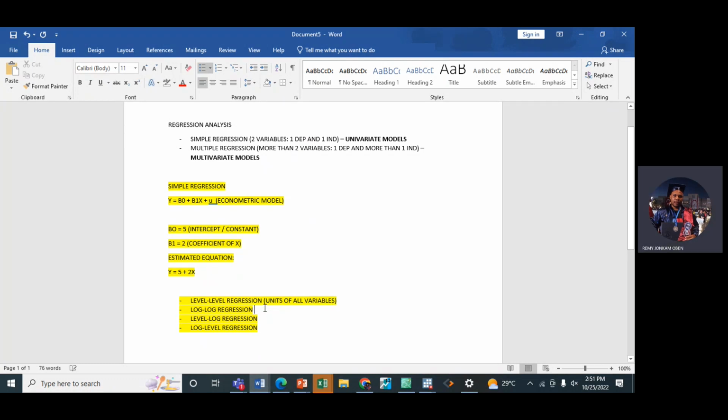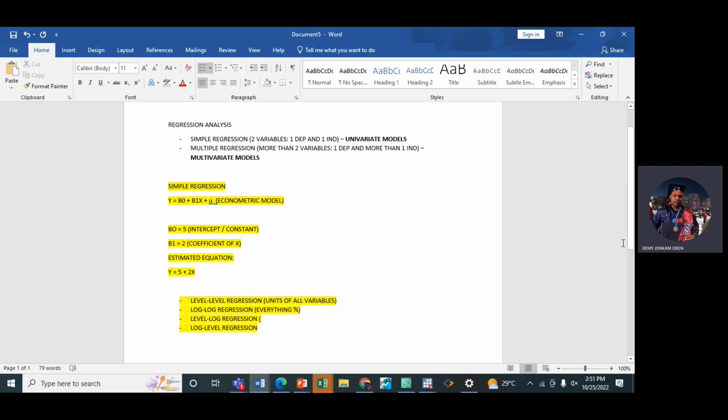If it's a log regression, that is, you use log for all the variables, then you interpret it by putting everything in percentage. Then if it is a level log regression, or a log level regression, we have to be careful.